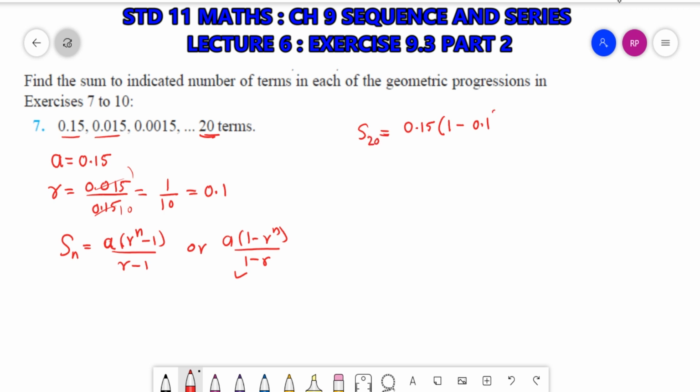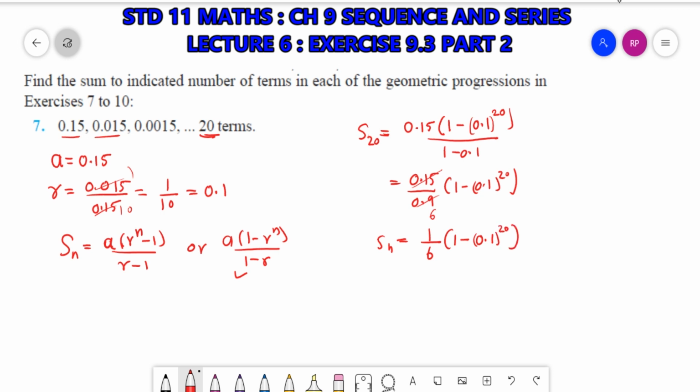So 1 minus 0.1 raised to 20 upon 1 minus 0.1. 0.15 upon 1 minus 0.1, that will be 0.9. 15 by 90, 6 nines are 90, so this will be equal to 1 upon 6. So the sum of the geometric progression will be 1 by 6 into 1 minus 0.1 raised to 20.